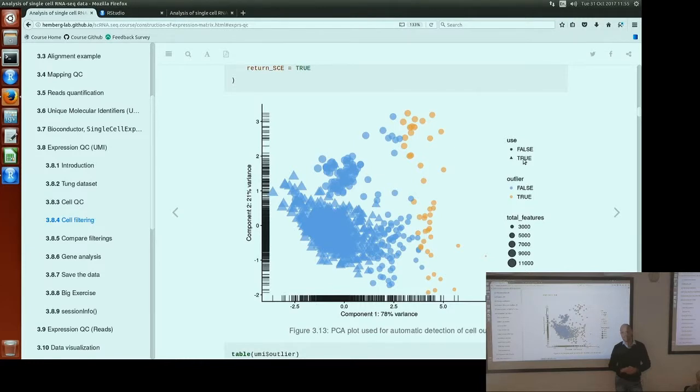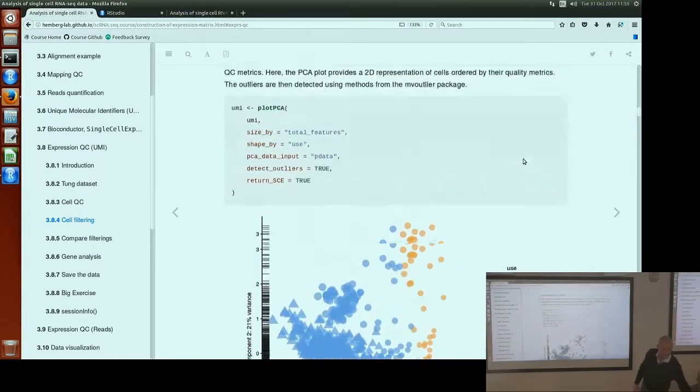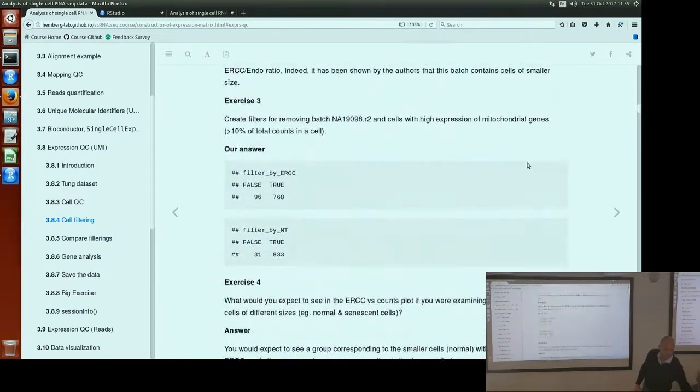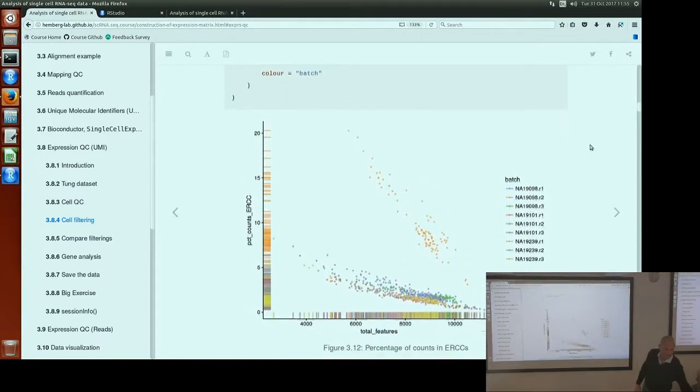Yeah. So the question is, as I understand it, why would we do so many QC steps? In the ERCC, you're checking for endogenous RNA as QC. So these cells in orange, the idea is that because the ERCC is so high, the endogenous RNA is low.